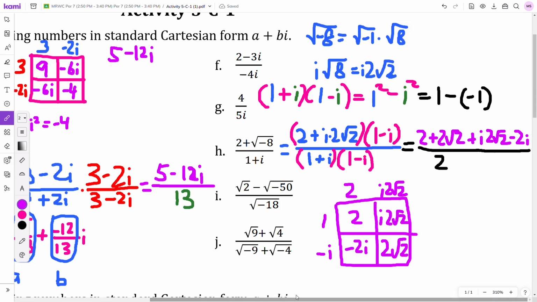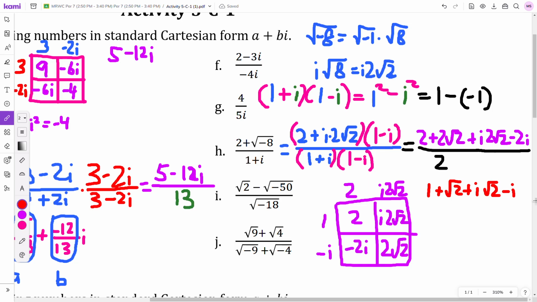And now we divide top and bottom by 2, and we get 1 plus root 2 plus i root 2 minus i. Are we done? Never. Okay, well, not never, but not like this.